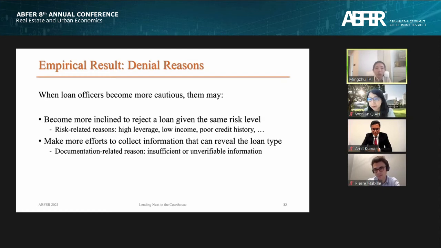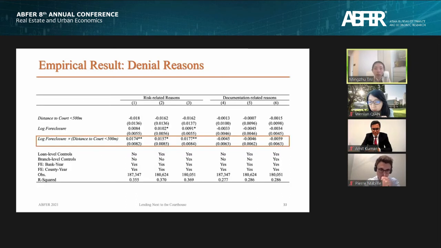And by exploring the different denial reasons reported by the loan officers, we find that their behavior changes are more likely related to the increase in their risk aversion, conditional on the same observed credit quality. And it's unlikely to be driven by them spending more effort to collect information.